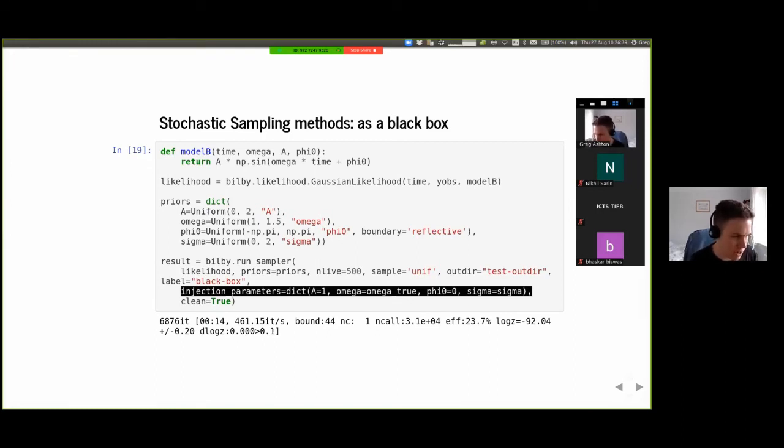Nirvan asks about these convergence criteria. This is something I haven't really got onto yet. We'll talk a little bit more about it tomorrow. There are defaults set up in Bilby, which are intended to work for gravitational wave events, and we have a review that's ongoing and wrapping up at the moment, where we have suggestions for recommended defaults.